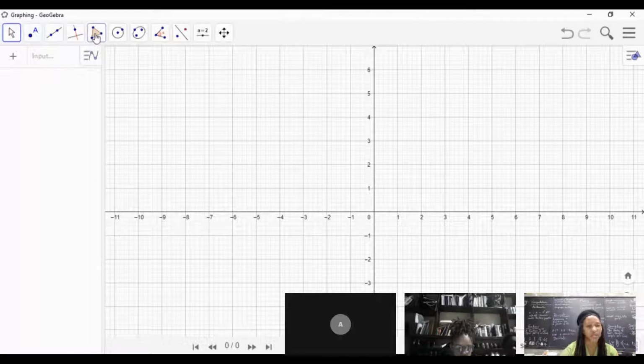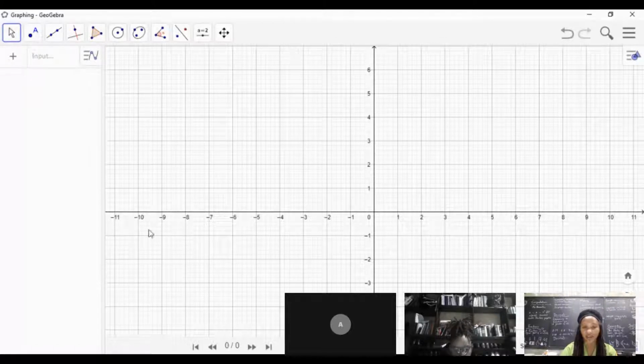I should do a video when I become versed on the GeoGebra, just walking you through it and letting you see all the possibilities you can explore. All right, so for tonight, we're going to use the graph section.